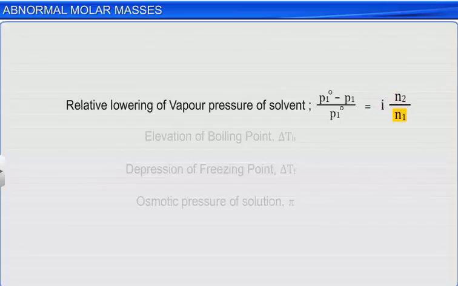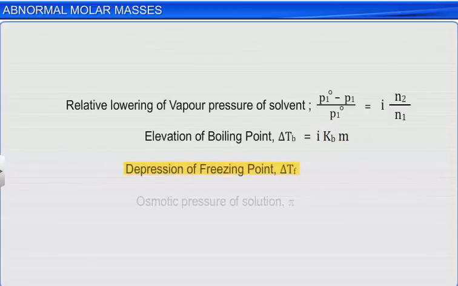Elevation of boiling point ΔTb is equal to i multiplied by Kb multiplied by m. Depression of freezing point ΔTf is equal to i multiplied by Kf multiplied by m. Lastly, the osmotic pressure of a solution π is equal to i multiplied by n2 multiplied by R multiplied by T divided by V.